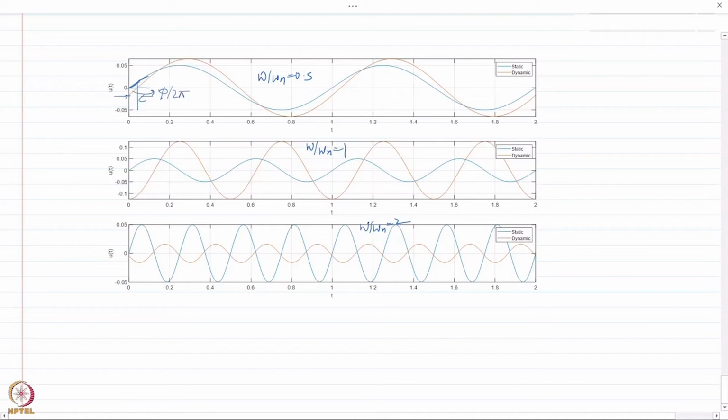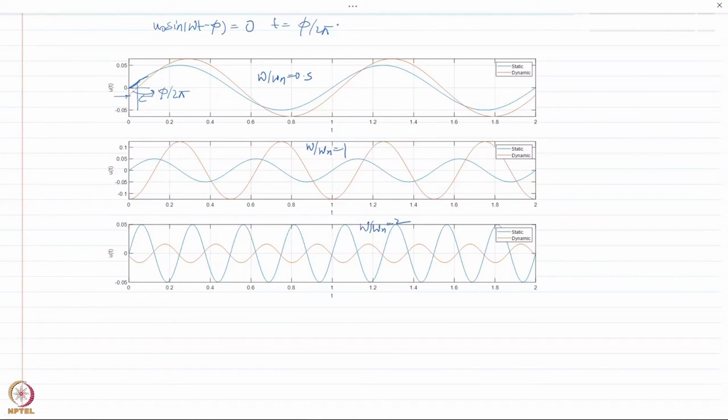How do I get that? Well, I just substitute in u naught sine of omega t minus phi and set it equal to 0. That gives me the value of time as phi divided by 2 pi. I hope that is clear to you.